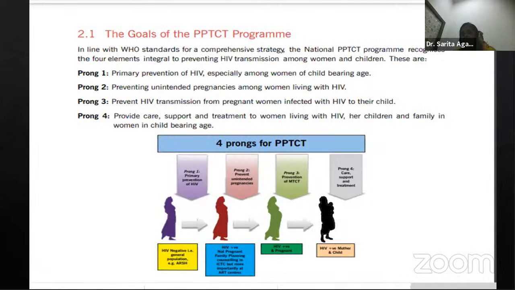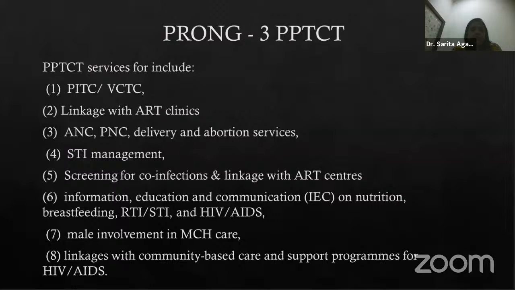And the PPTC program includes 4 prongs. First, primary prevention of HIV, especially among women of childbearing age, and also the adolescent age group, by IEC. Second, preventing unintended pregnancy among women living with HIV through the family planning services. The third prong is preventing mother to child transmission of HIV to their child, which includes provider initiated counseling and testing, linkage with the ART clinic, antenatal, postnatal care, and abortion services, STI tracing and management, screening for co-infection, and linkage with the ART, information, education, and communication about nutrition, breastfeeding, RTI, STI, and of course the main involvement in MCH care also.